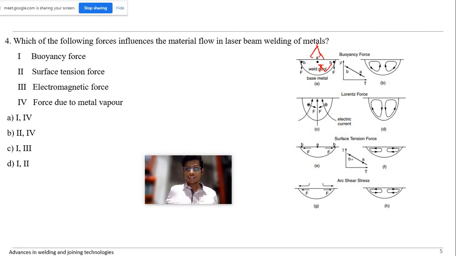In activated flux, this trend will change. It will be in the reverse direction. B will be surface tension is less, and A is more. So the trend will change. Sorry. So arc shear stress: because of the arc pressure, this arc shear stress will be there.